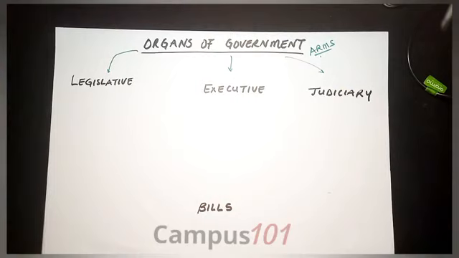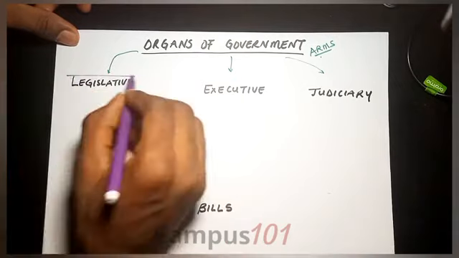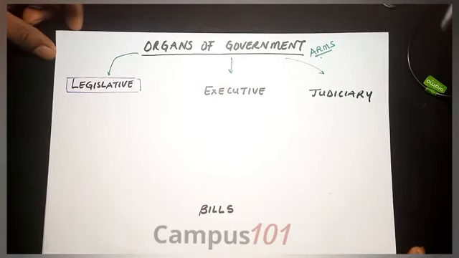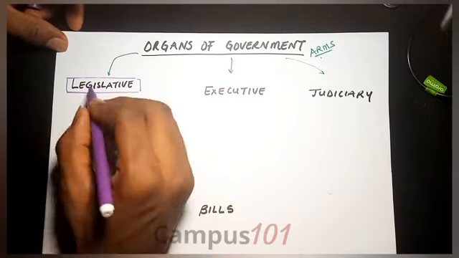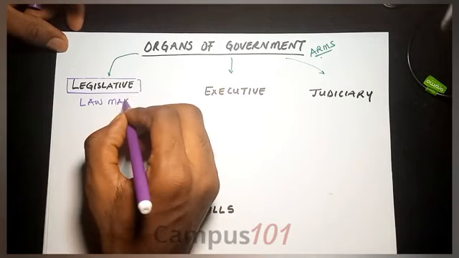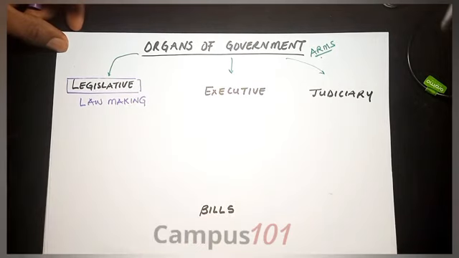Now, we're going to take them one after the other so that we have a good idea of what they do. Let me start with the legislative arm. The legislative arm of government is responsible for what we call lawmaking. So they make the law. And how do they make the law?